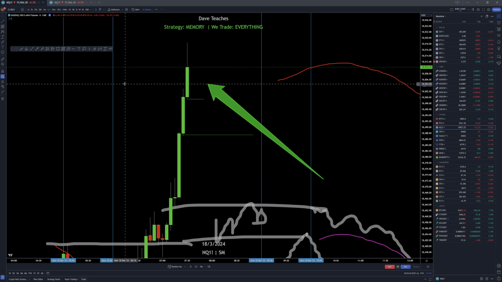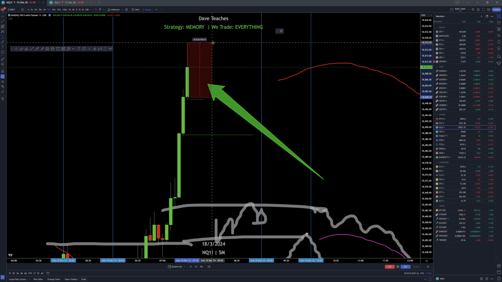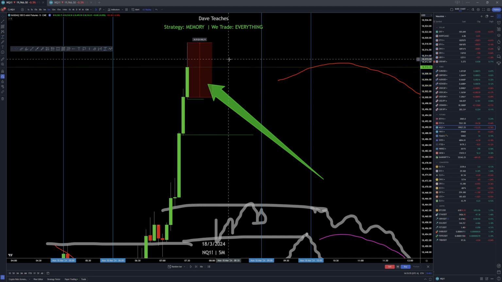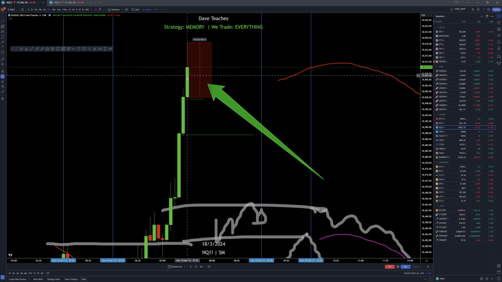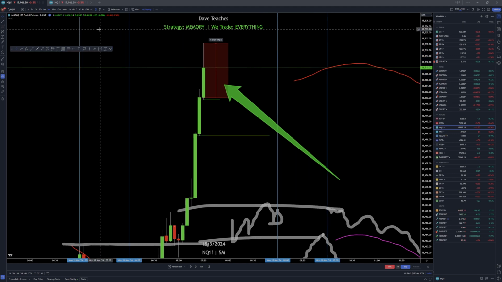That means that it was full of bullishness. If you look closely, there's a lot of bulls in this candle.